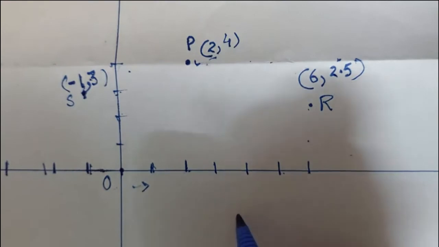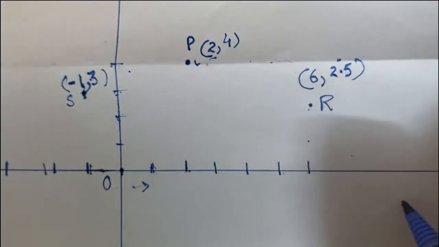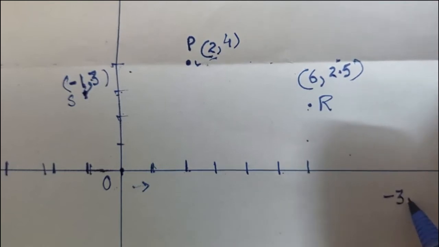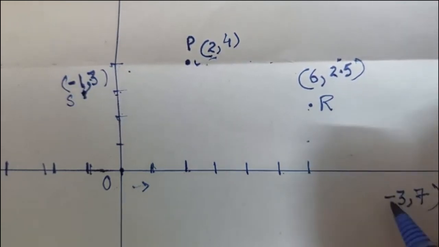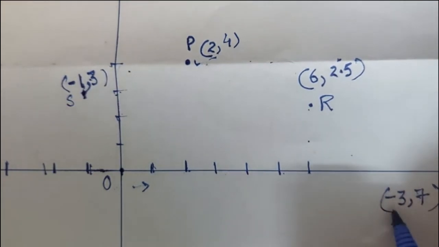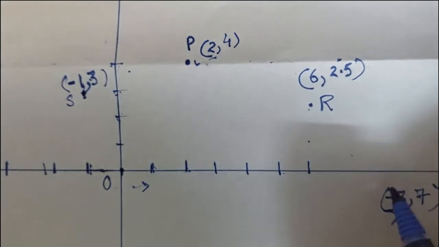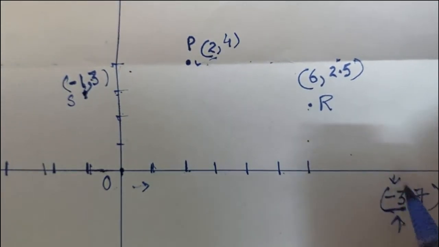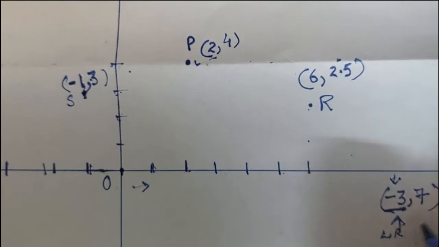Suppose you have to locate a point whose position is given by -3 and 7. First of all, the first coordinate is left or right, and the second is upwards or downwards.